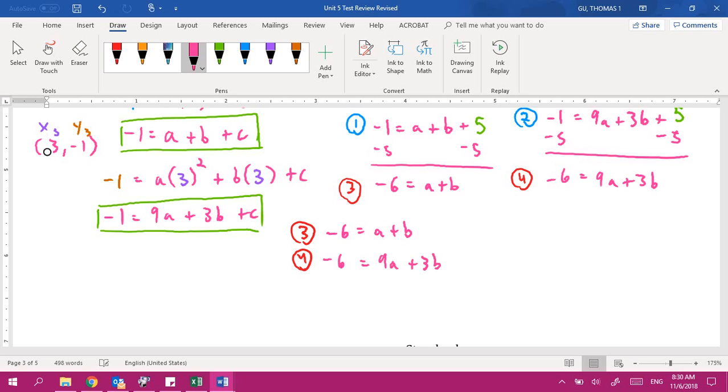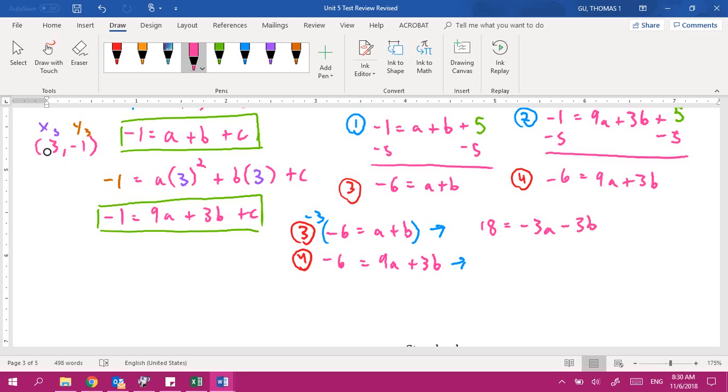How do you suggest we solve for the variables? Multiply them. Right, we multiply equation 3 by negative 3. That would let me cancel out the b values, right? So what would my new equation here be after I multiply? 18 equals negative 3a minus 3b, that's right.